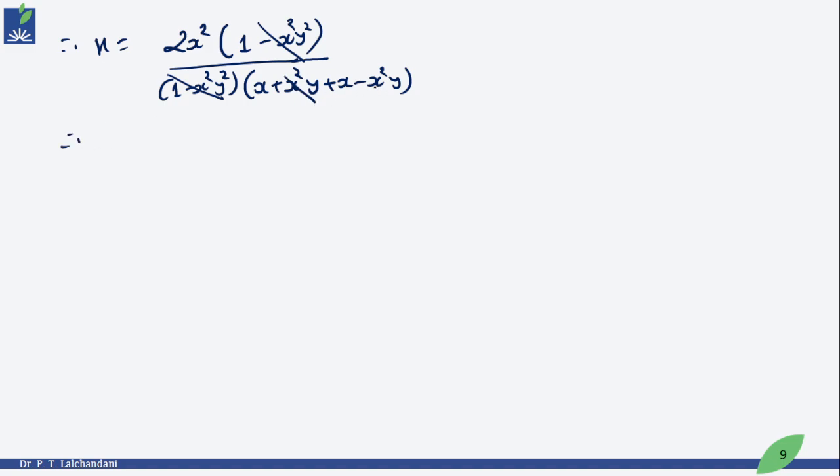Here this x square y cancelled out. So what is remaining in numerator? Only 2x square. And in denominator you can observe that we are having this term x plus x, that is 2x, right? X plus x, that is 2x. You can observe that this 2 gets cancelled out. X gets cancelled out. So what is remaining?